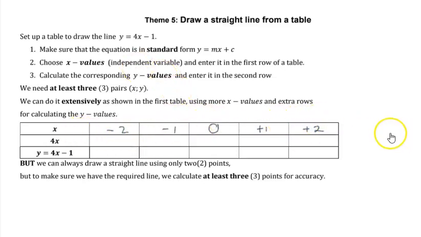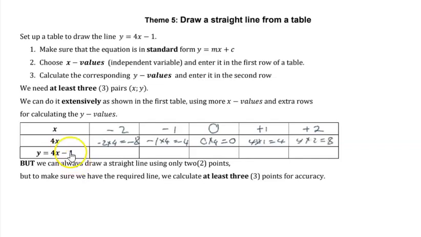So if I now break up this formula 4x minus 1 into 2 parts, first multiplying the 4 times x, then we get minus 2 times 4, which is equal to minus 8, minus 1 times 4, which is equal to negative 4, 0 times 4, which is equal to 0, 4 times 1 equal to 4, and 4 times 2 equal to 8.